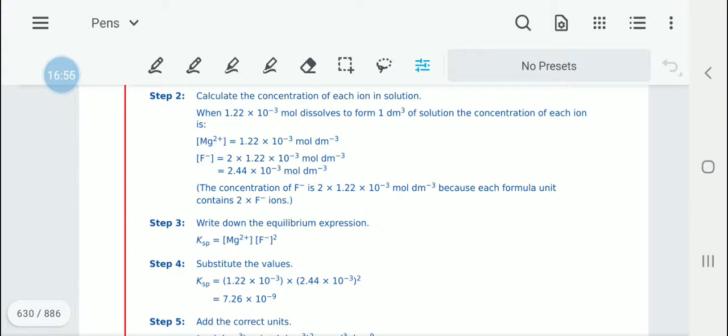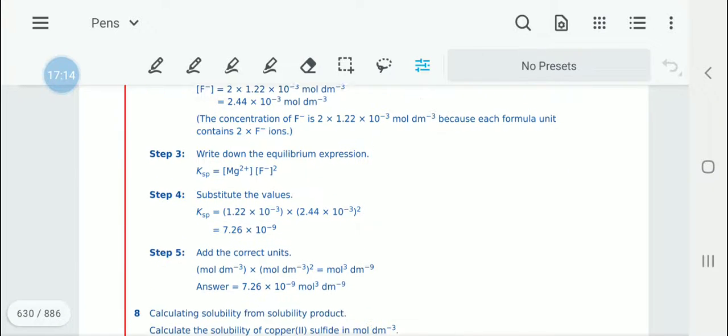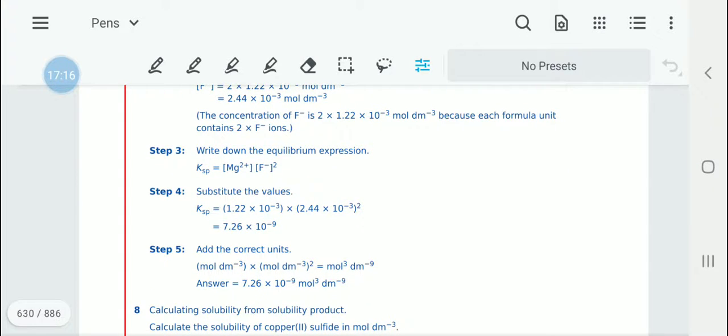Then we write the equilibrium expression Ksp equals Mg2+ times F- squared. Then we substitute the values. The concentration of Mg2+ is 1.22 × 10^-3, but the concentration of F- is 2.44 × 10^-3, and that has to be squared. As a result, you get 7.26 × 10^-9.